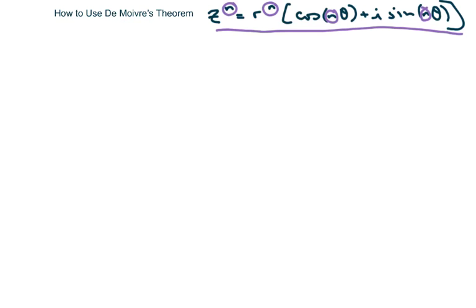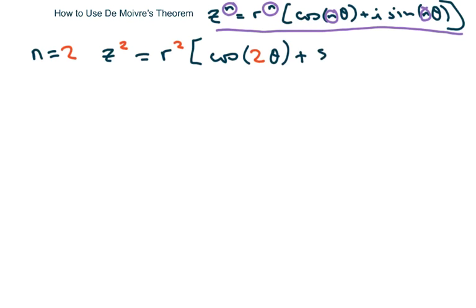So, for example, if n equals 2, then we get z to the second power equals r squared times cosine of 2 theta plus i sine of 2 theta.